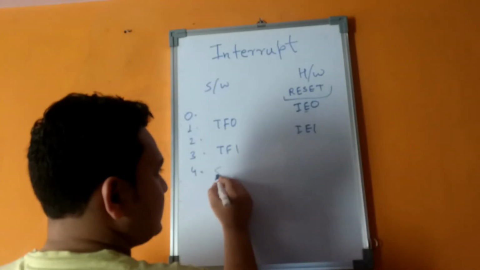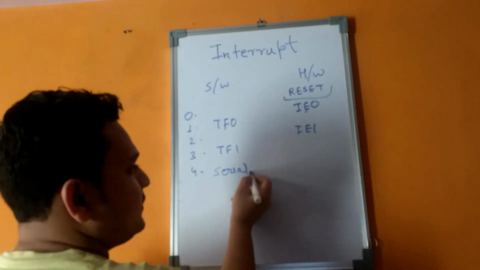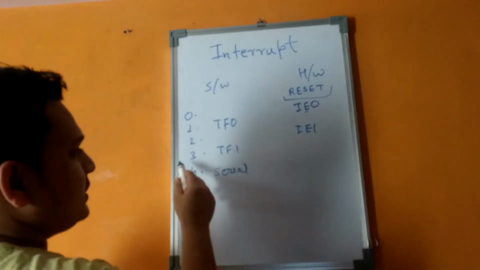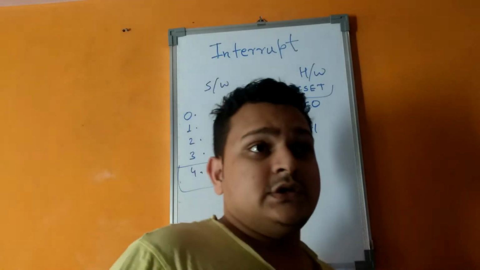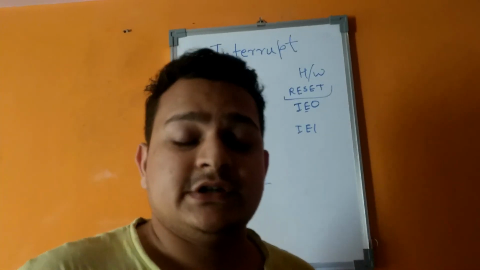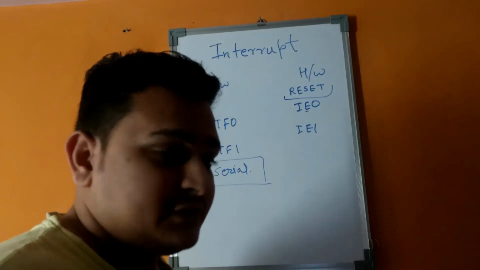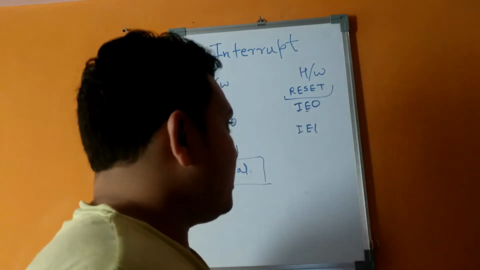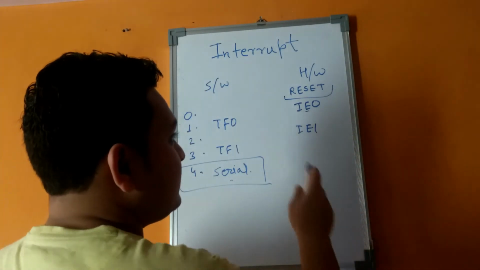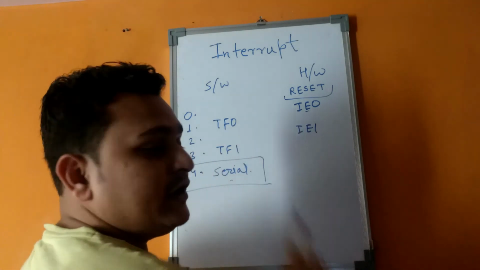So this also comes in the software. This interrupt we will learn in the UART, Universal Asynchronous Receiver Transmitter. When that topic comes, then I will explain the serial interrupt over there. So for now we are only concentrating on these 4 interrupts.